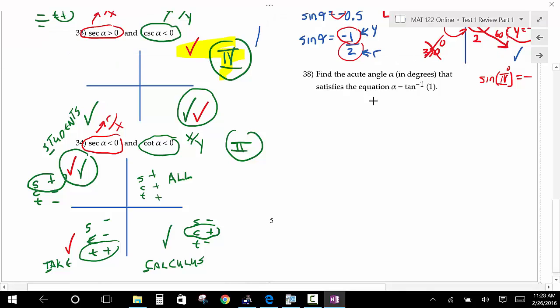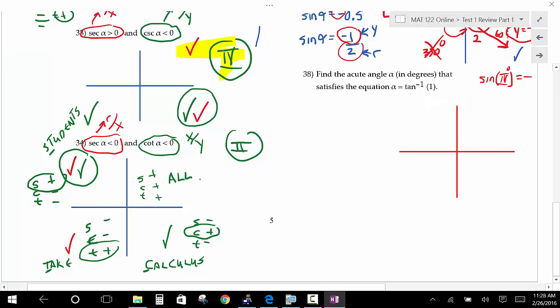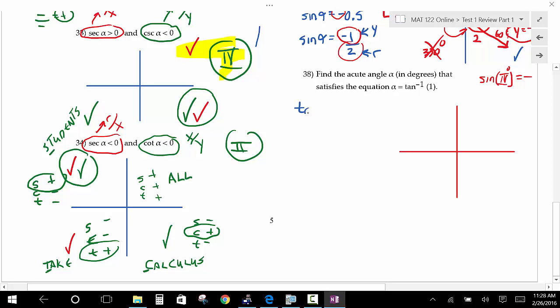What I want to look at here is, again, let's just do a diagram on this. Now we're looking at an inverse tangent. We have the inverse tangent of 1, and our job is to find what that angle alpha is. The same thing happens on an inverse tangent.